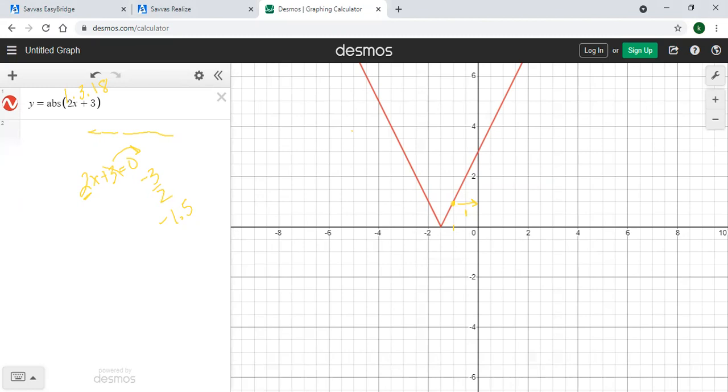So from here to there would be 1. So this is 1, and then how much is it from here up to there? That's 2. So that's like a slope of 2. So the 2 in front of the x is still my slope.